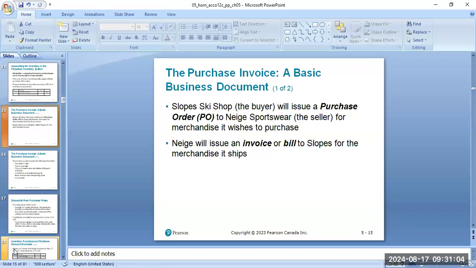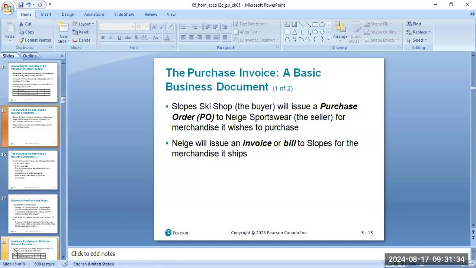Now, the seller can tell you, I have this and this item available, I can send it right away. It's going to cost you, if you want 10 items, this much per item. When the goods are delivered, the seller is going to issue an invoice or bill to the buyer for the merchandise that's shipped.